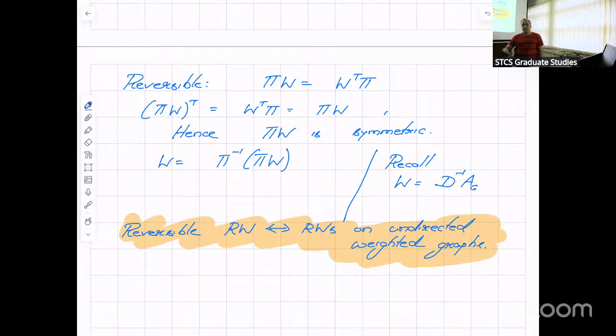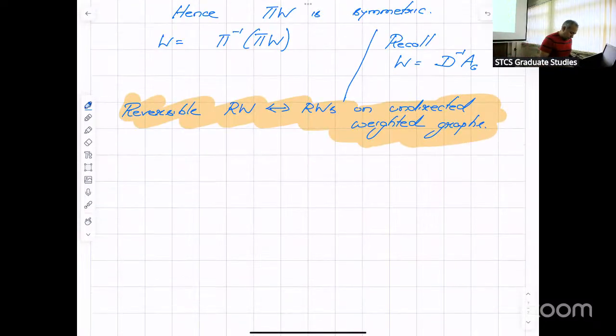You can ask, if I start from some arbitrary probability distribution and keep walking, will I converge eventually to the stationary distribution? So the next topic is going to be convergence of random walk.